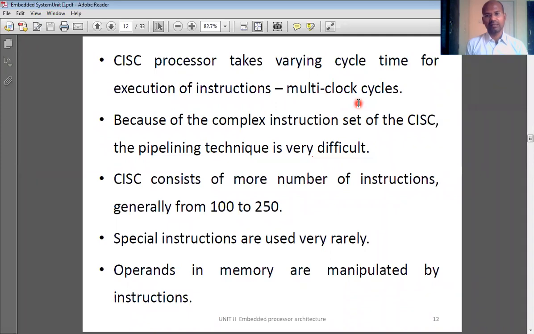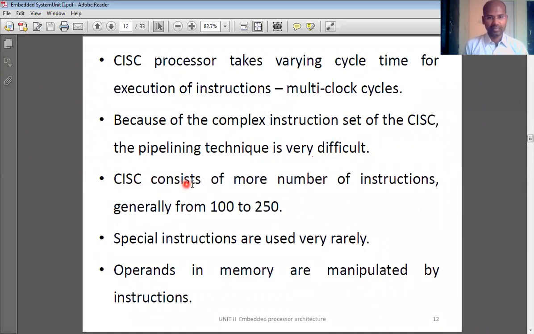Like this, depending on the instruction that is being executed, the clock cycle may vary. If that is the case, it is not that easy to build pipelining with such architectures.